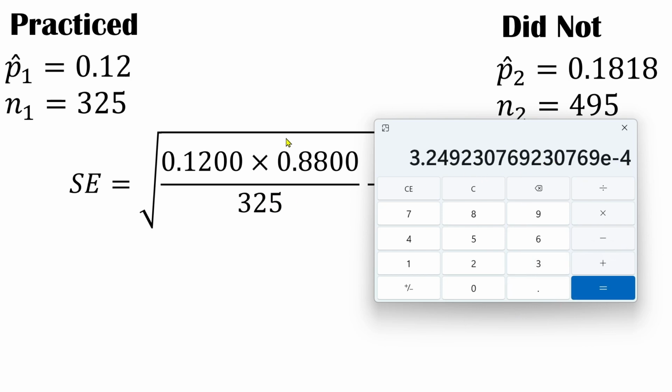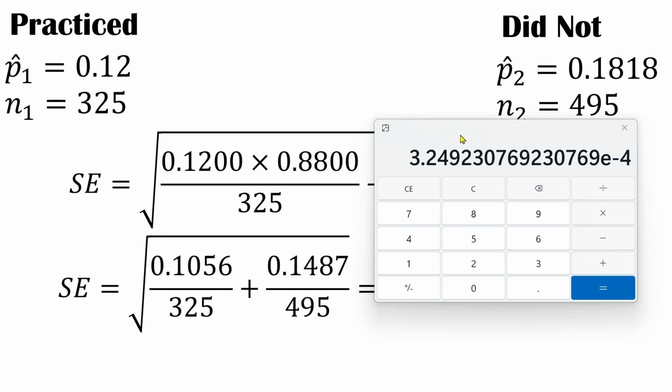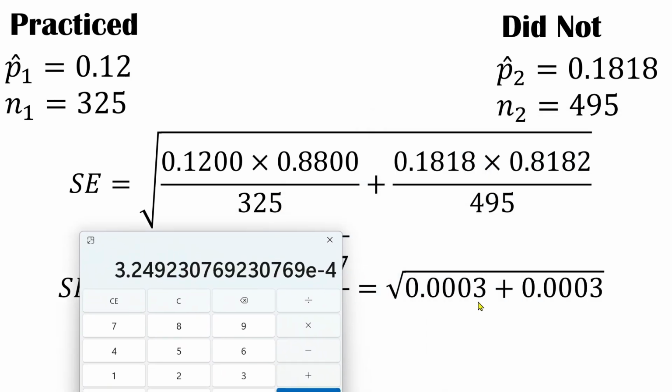It's telling us that the number we put here has a 3 in the 4th decimal place, so it's going to look like this. It's got a 3 in the 4th decimal place. It turns out if you do the second fraction here, you get the same result when you round to 4 decimal places. So it also comes out in scientific notation with a -4, telling you to put a 3 in the 4th decimal place.